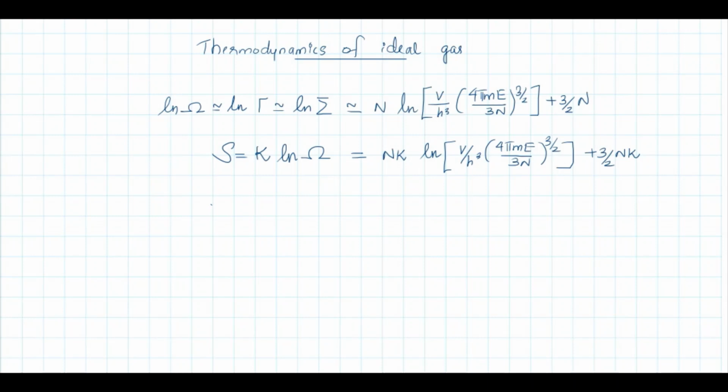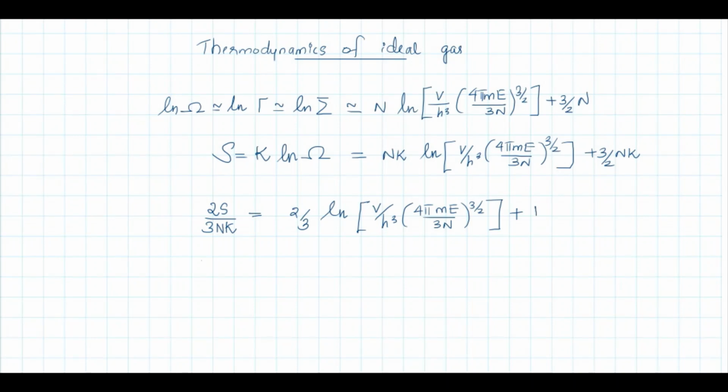Now, I can multiply this with 2 by 3 N k. What is 2S by 3 N k? It is 2 by 3 log of [V by h cube (4 pi m e by 3N) raised to 3 by 2] plus 1.